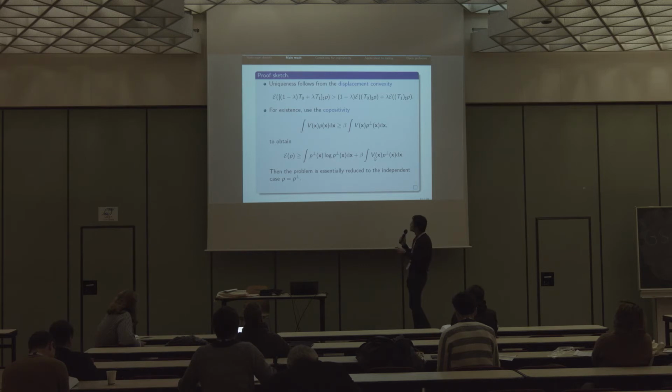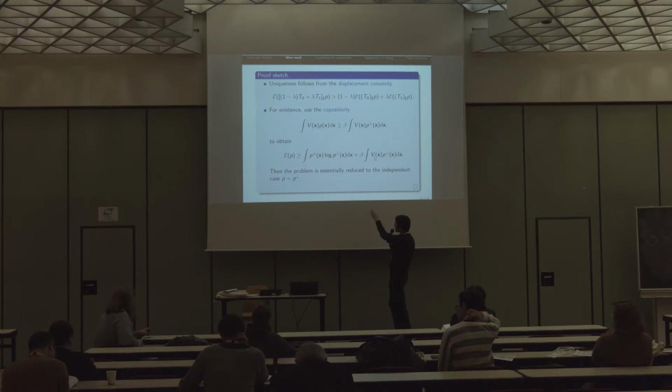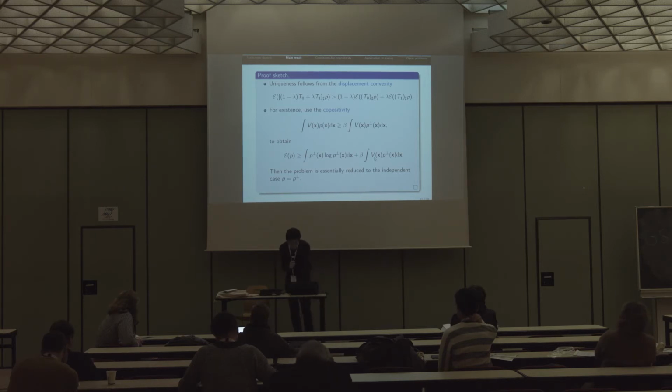For existence, we use the copositivity condition. By using the copositivity condition, we obtain the following inequality, and the problem is essentially reduced to the independent case. This is the rough sketch.